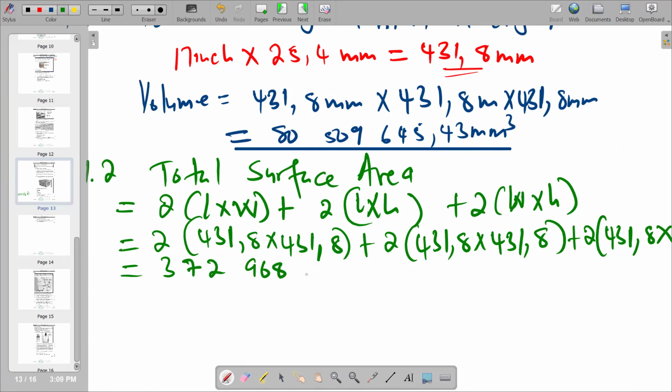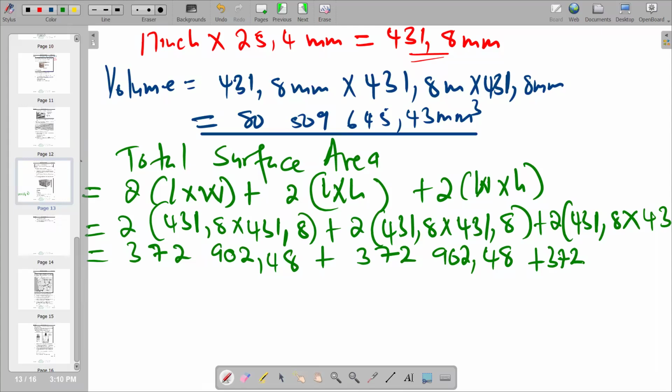Our answer is 372,902.48. It means the same answer is going to be on the second part, 372,902.48, and the same answer again on the third part, 372,902.48.